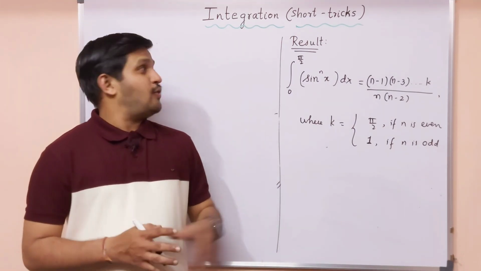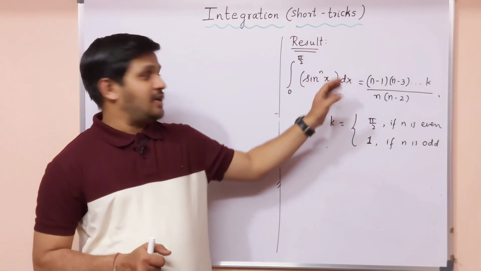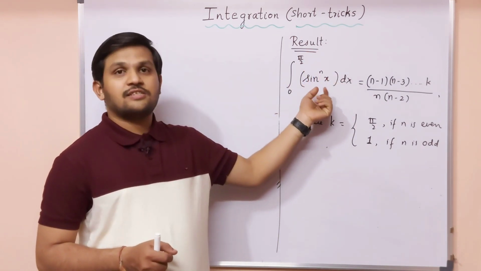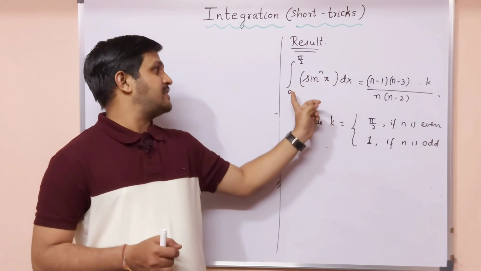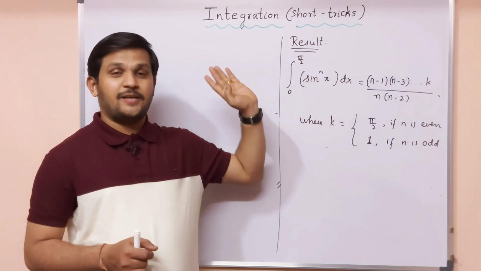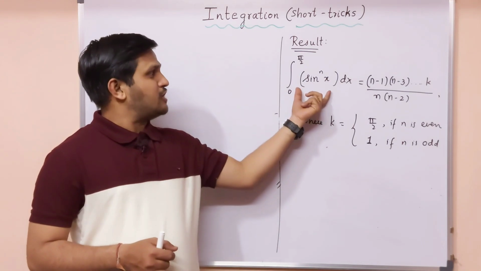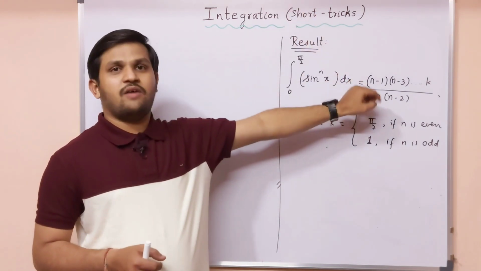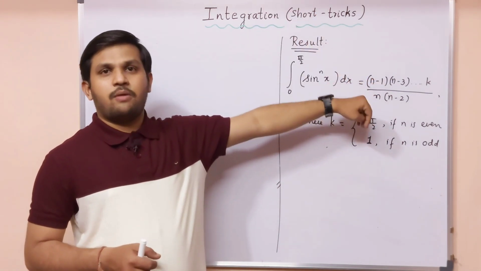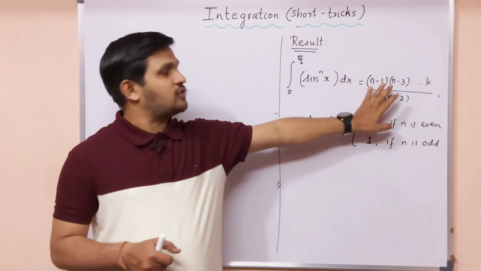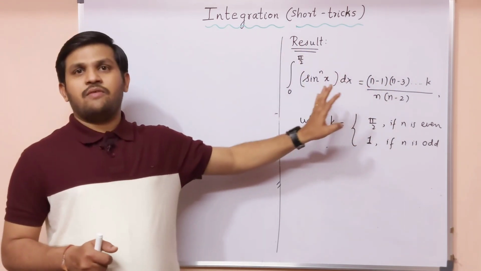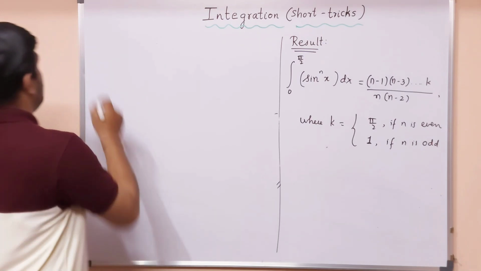You have learnt a very important result with respect to sine functions: sin x whole power n dx, with limits from 0 to pi by 2. The second trick, very important, is with respect to cos functions, and the same formula will work. Whatever formula you have written for sine functions, the same formula will work. So what is that result?